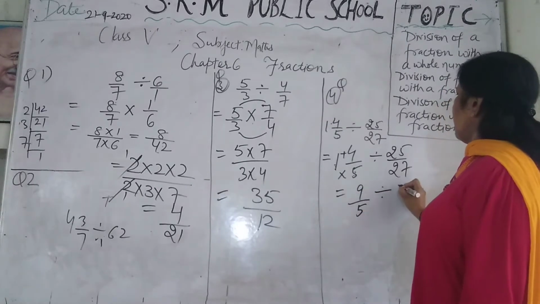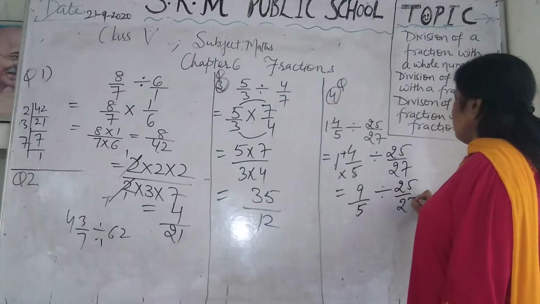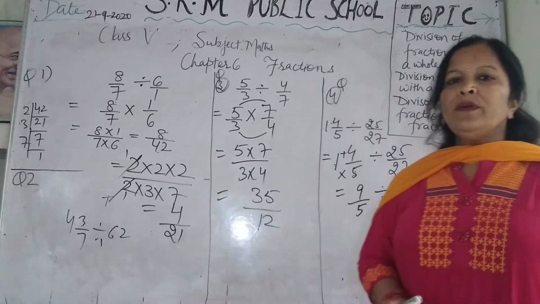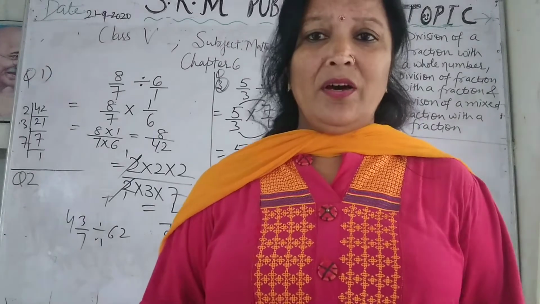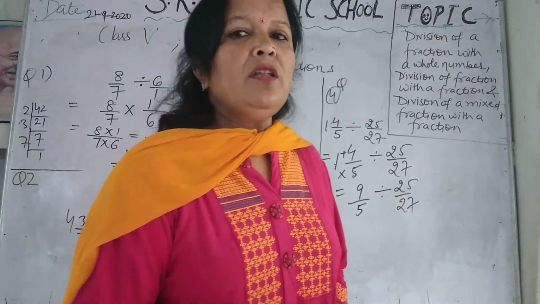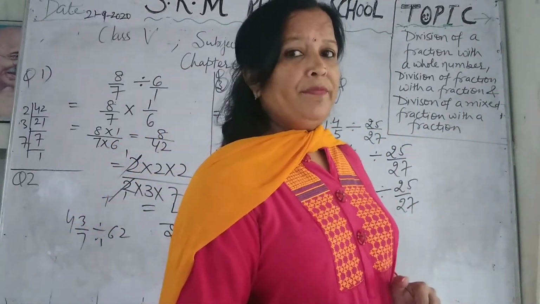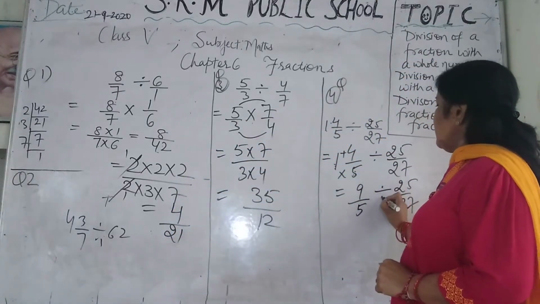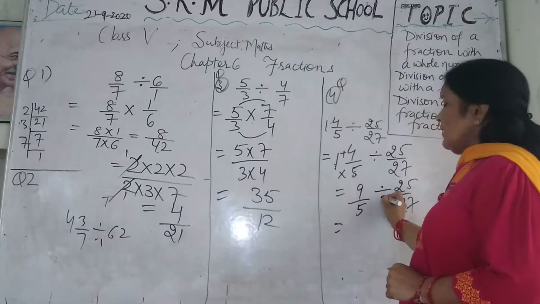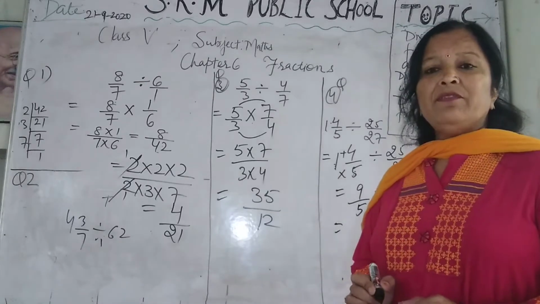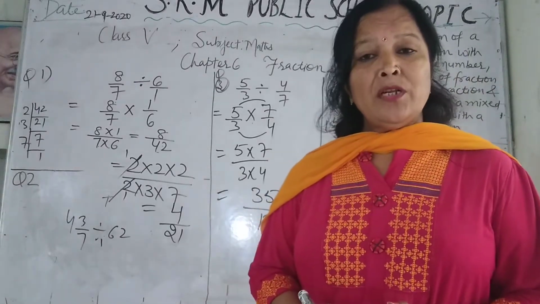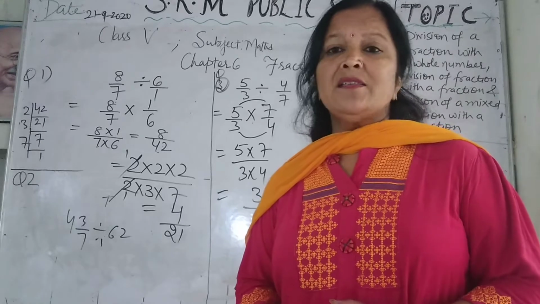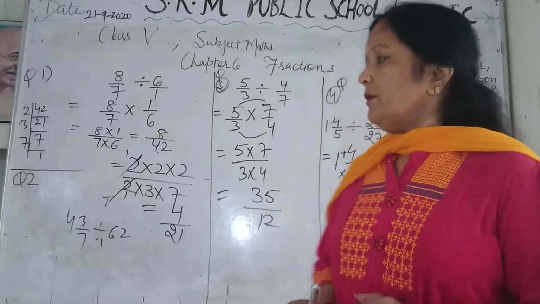First of all, the steps are like this. You will convert the mixed fraction into an improper fraction. Then the division sign will be converted into multiplication and the reciprocal of the second fraction will be taken.